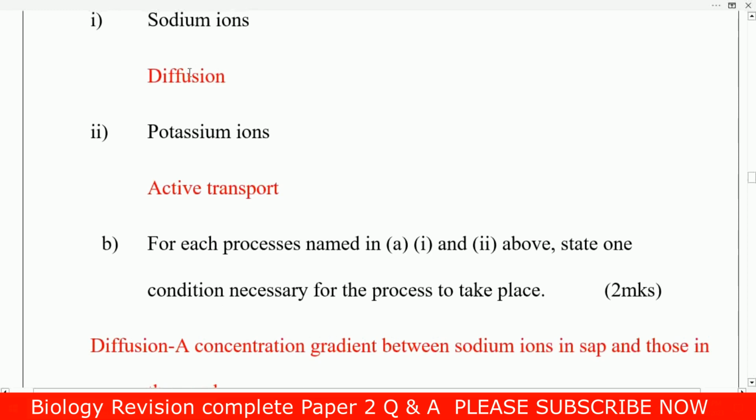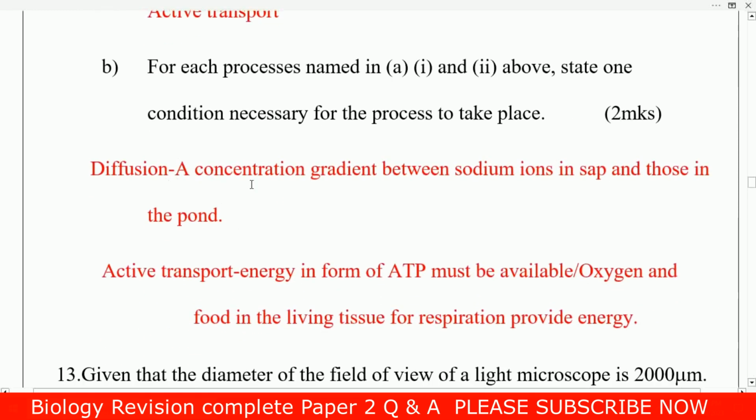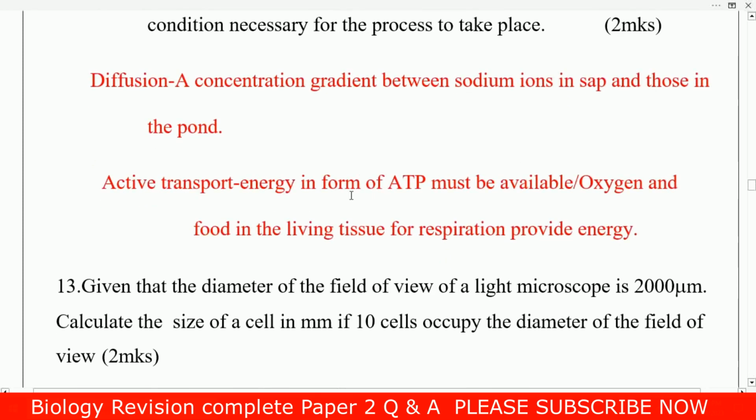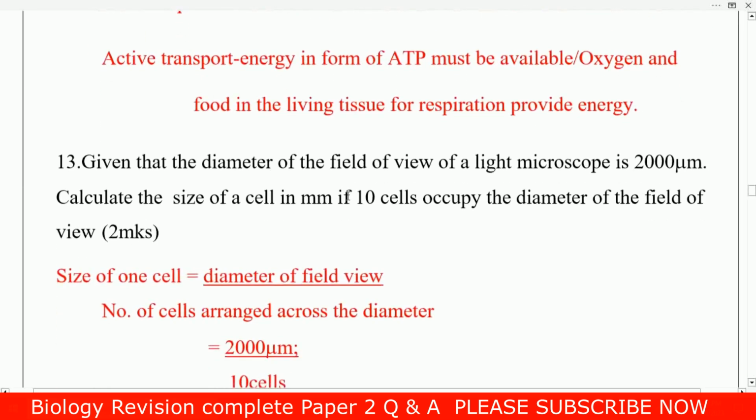What are the requirements for diffusion and active transport to take place? Diffusion, a concentration gradient between the sodium in sap and those in the pond. Then active transport requires energy in the form of ATP must be available. Also oxygen and food in the living tissue for respiration to provide energy.